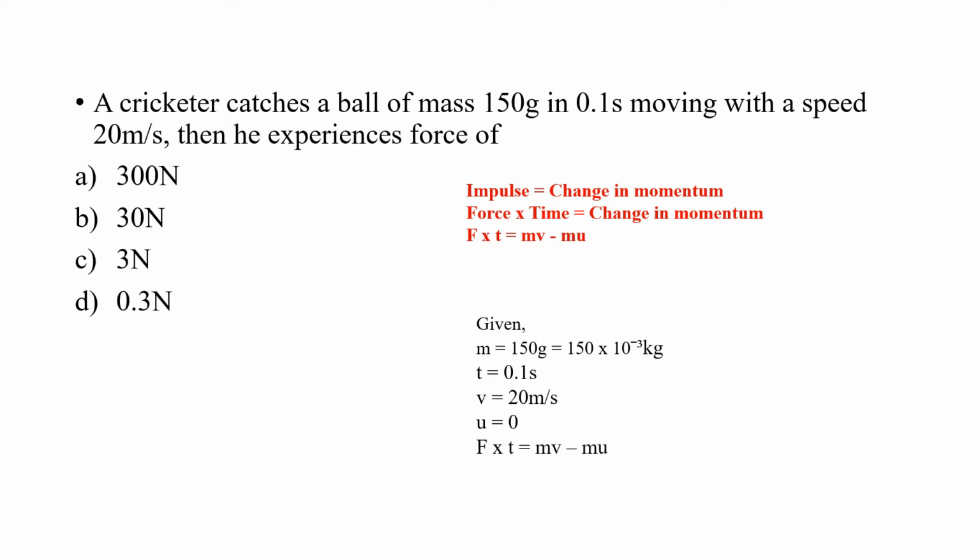By using the relation impulse is equal to change in momentum, F into t is equal to mv minus mu. From this relation, F is equal to mv minus mu the whole by t. Substitute all the data in this equation and you will get F is equal to 30 Newton. So the answer is option B, 30 Newton.